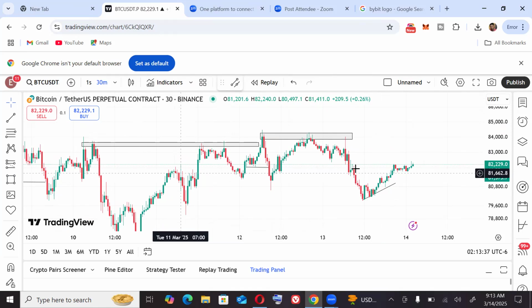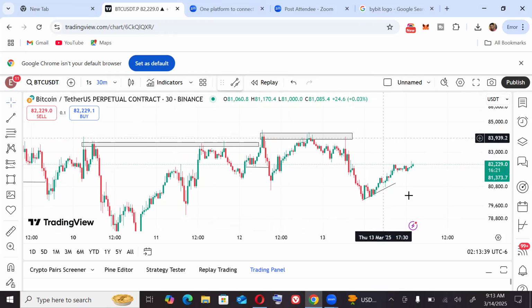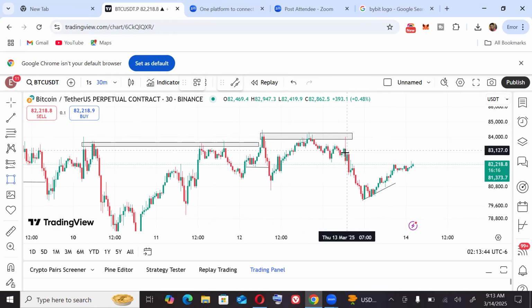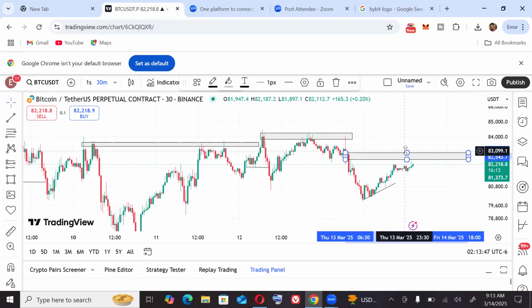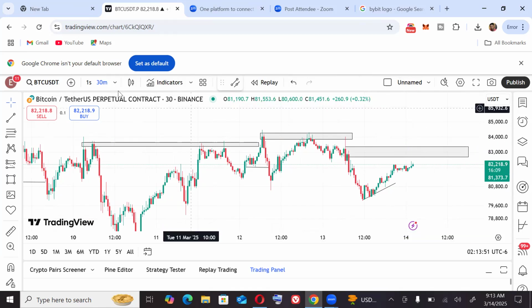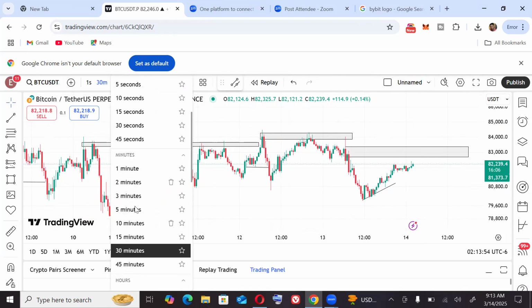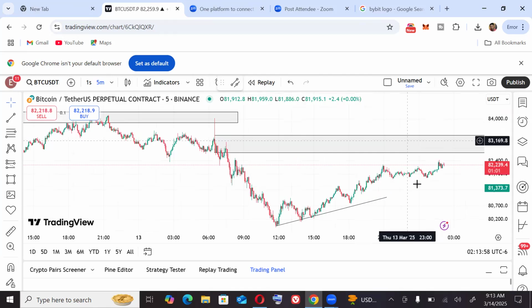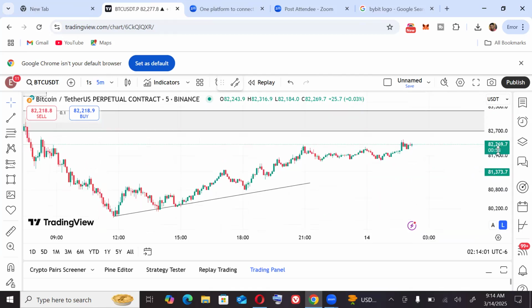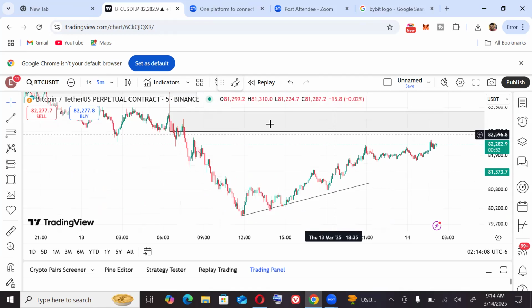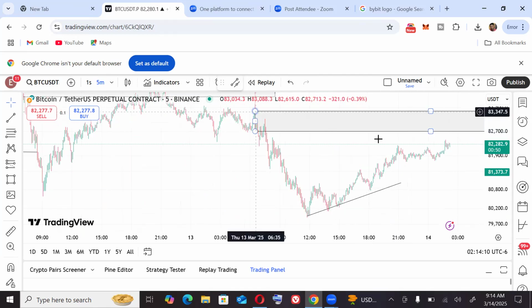So I'm expecting that price would come back to some level of supply, and then give me a change of character in the lower time frame, let's say 5 minutes. So once I see a change of character now, I'm going all in. Once I spot a change of character, listen guys, I'm going all in. Nothing is delaying me. I'm striking hard. I'm catching these wins.